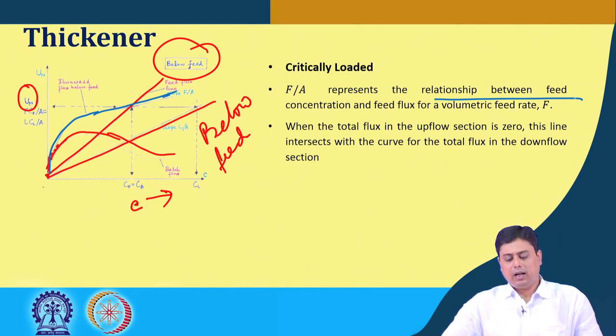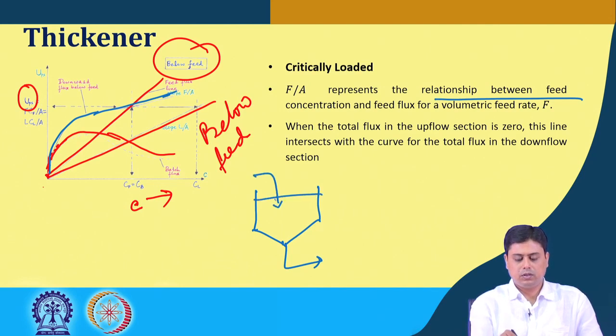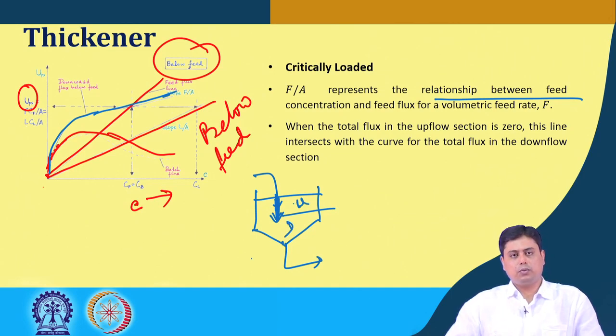When the total flux in the upflow section is 0, again you remember the thickener geometry. If feed is fed at a depth of this distance, you have upflow in this zone and downflow in this zone.